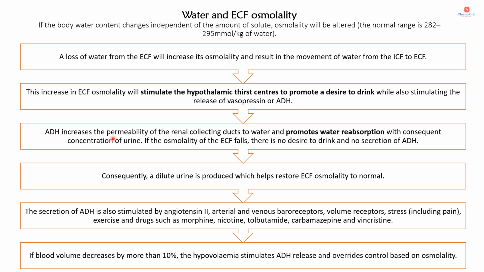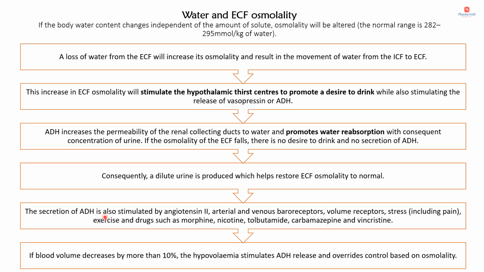Also, it will stimulate the release of vasopressin. This ADH increases the permeability of the renal collecting ducts to water and promotes water reabsorption with consequent concentration of urine. If the osmolality of the ECF falls, there is no desire to drink and no secretion of ADH. Consequently, a dilute urine is produced, which helps restore extracellular fluid osmolality to normal.